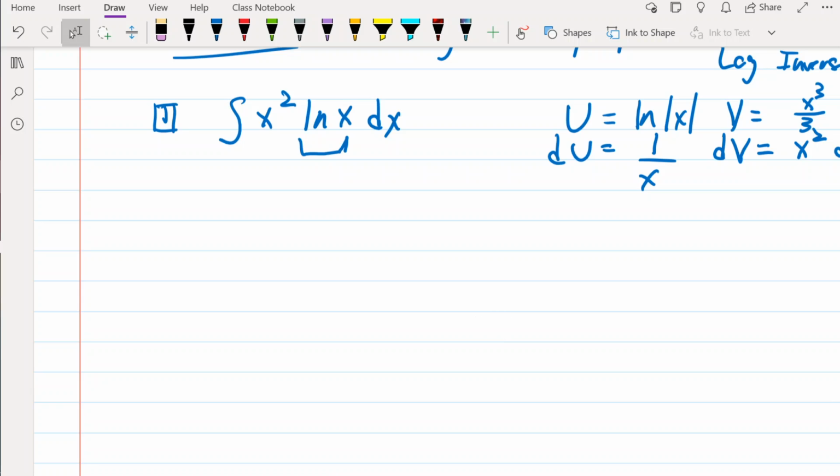Alright, so from here, we're going to want to go over and review quickly how we can integrate by parts.